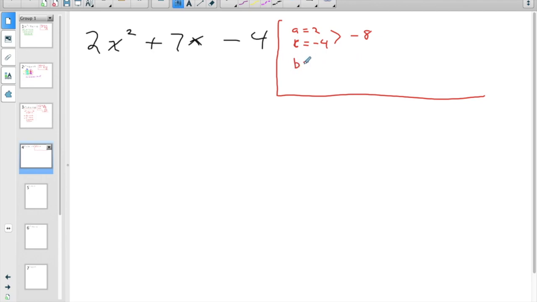And then my B is 7. So I'm looking for two numbers that add to give me 7, but multiply to give me -8. And this is clearly 8 and -1. And I'm going to do this using the box method.